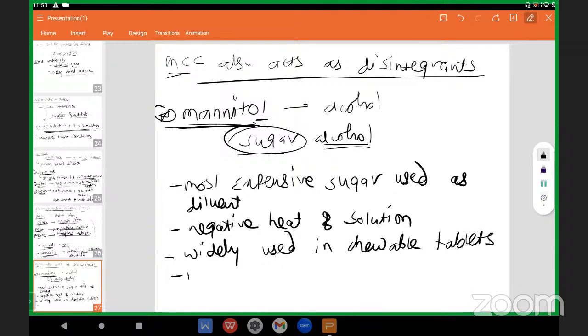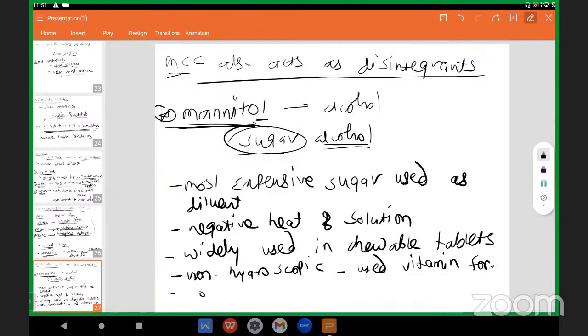I write down the properties. It is non-hygroscopic and used in vitamin formulations.